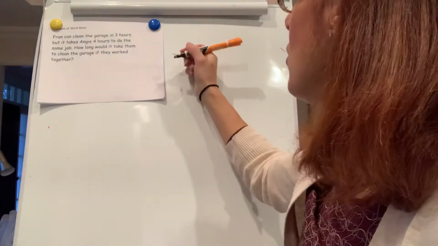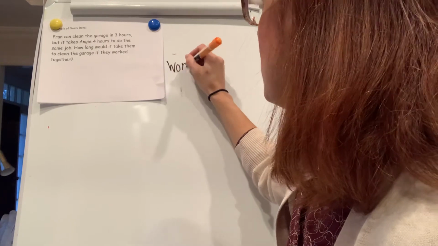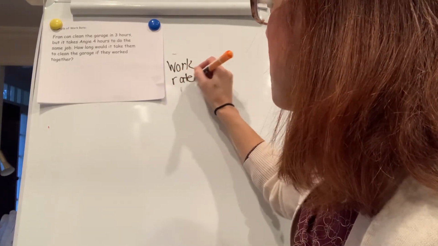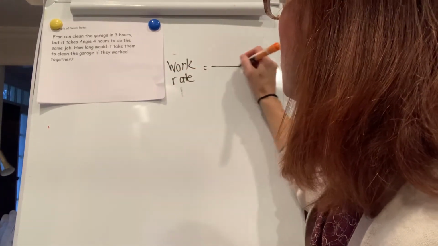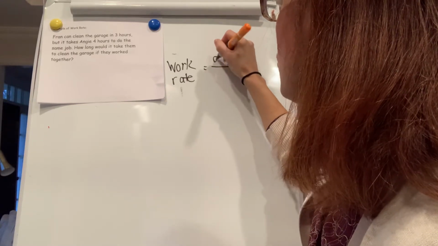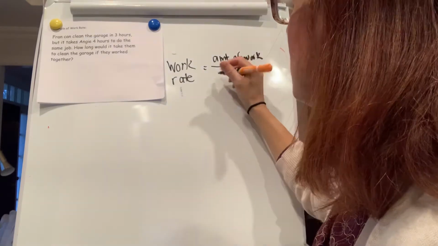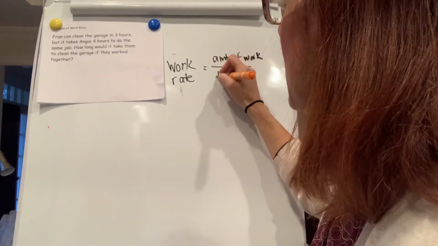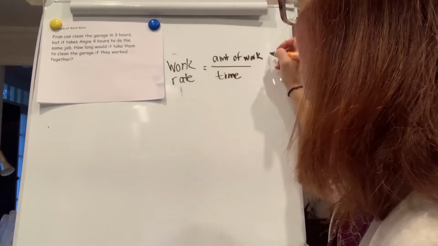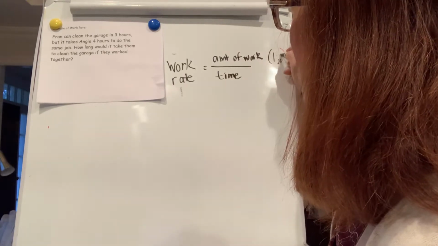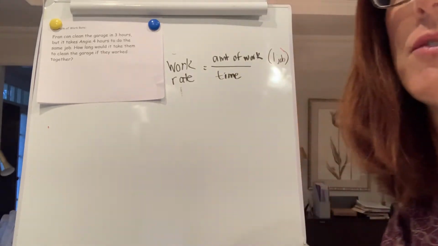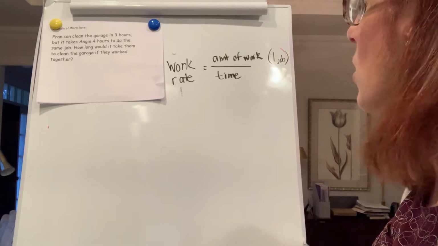So remember that we said work rate is equal to the amount of work divided by the time. And we're assuming for the amount of work that we are doing one job here.